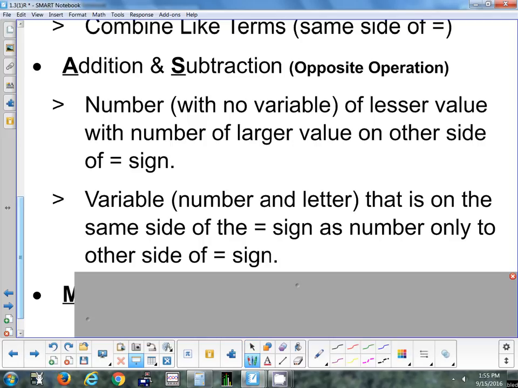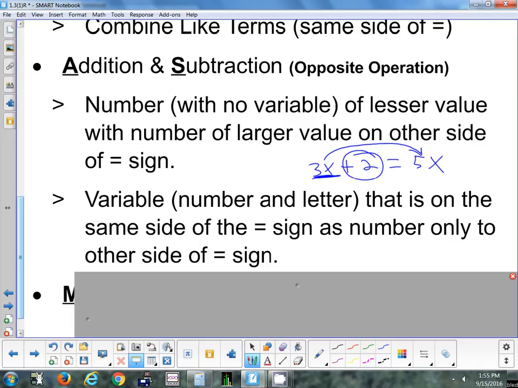Okay, so what you might have at this step, just to kind of show you, is something like this. Let's say 3x plus 2 equals 5x. So what this step is saying is take the variable, where there's a number and a letter together, that is on the same side of the equal sign as the number, okay, same side as the number, and you're going to move that to the other side.